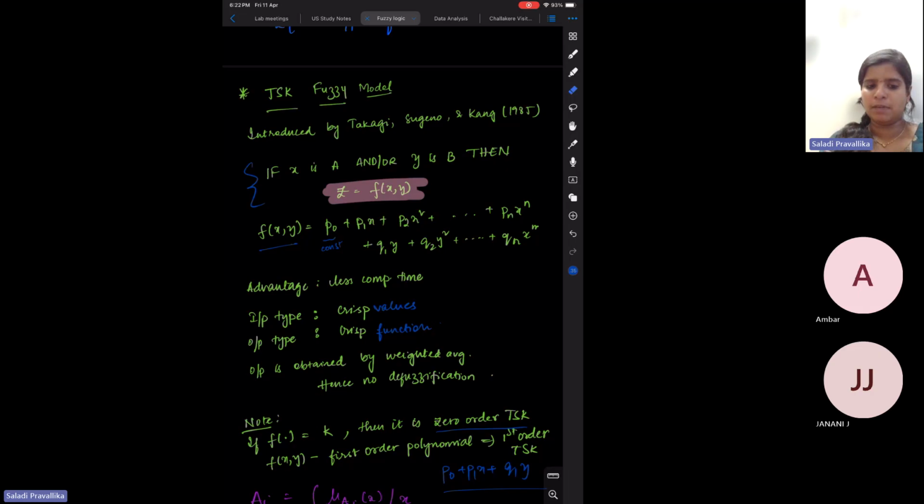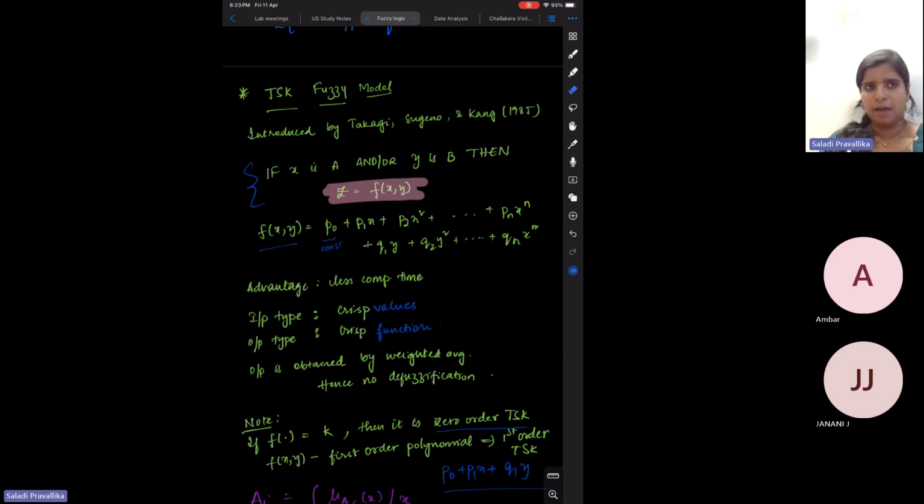So p naught, p1, q1, q2, all of these are constants. If I put the values x equal to 0 and y equal to 0, then we get f of x comma y equal to p naught, which is a constant. Then we call it a 0-degree TSK fuzzy model.